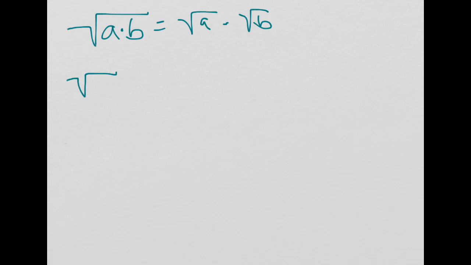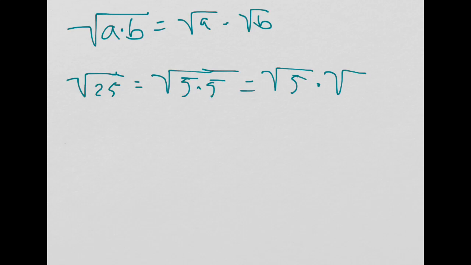If you have the square root of a times b, you can rewrite that as the square root of a times the square root of b. That is, if you have, say, the square root of 25, you could rewrite that as the square root of 5 times 5, which you could split up into the square root of 5 times the square root of 5.